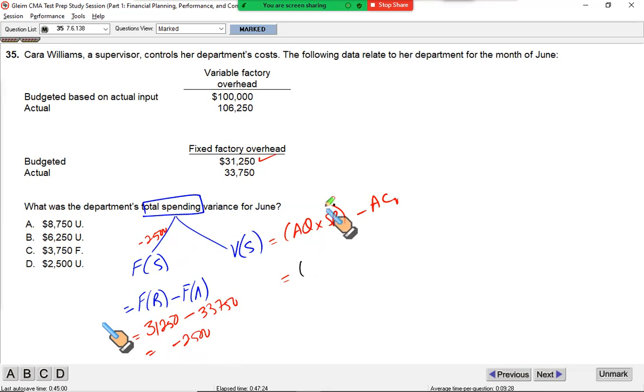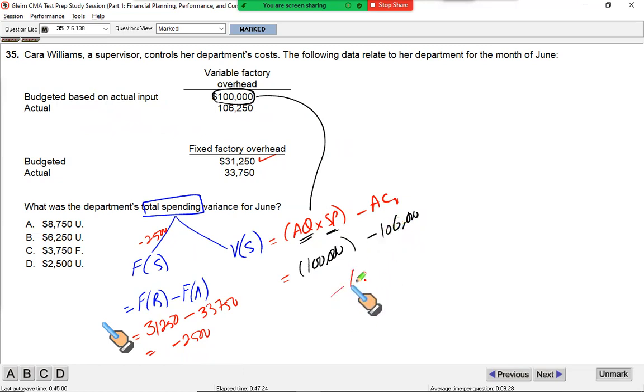AQSP, they are not given, rather we have been given the budget based upon the actual input. Actual input times the rate. We have been given this number straight away. So you will write it just here, 100,000. This is the AQ into SP net result minus actual cost 106. Now look at this. Our variable overhead should have been $100,000 as per the output achieved, but our actual variable cost was 106.